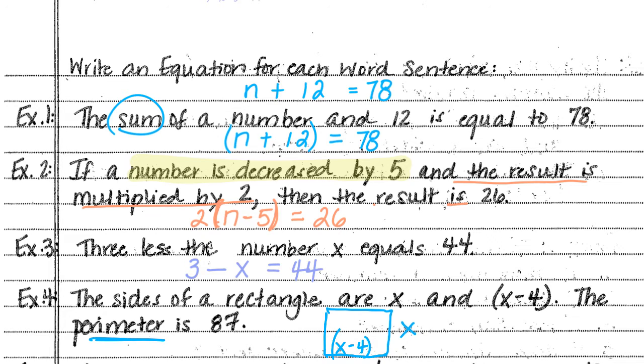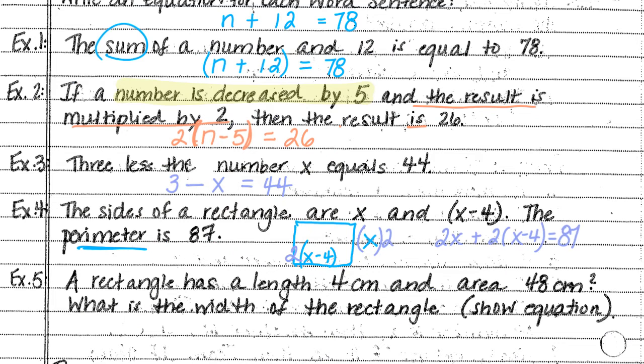The perimeter is all sides added up. So I know I'm going to have 2 of these and 2 of those. So 2x plus 2 times x minus 4 is 87. Nice work.